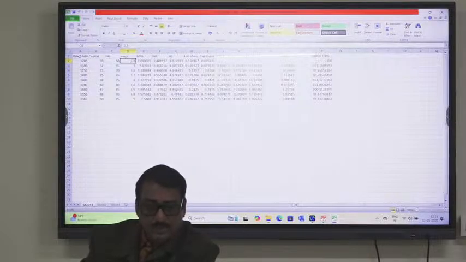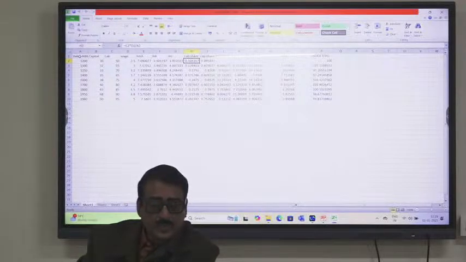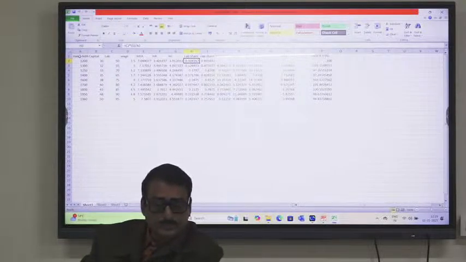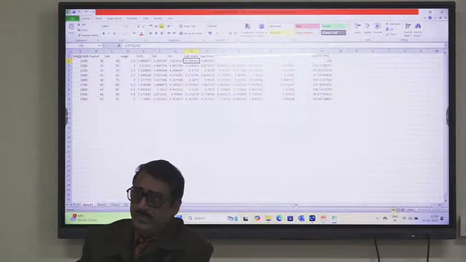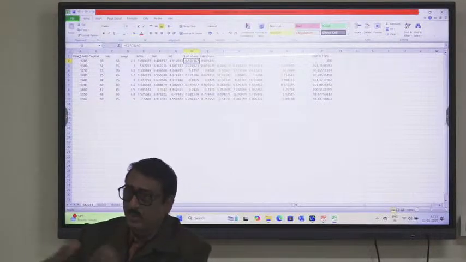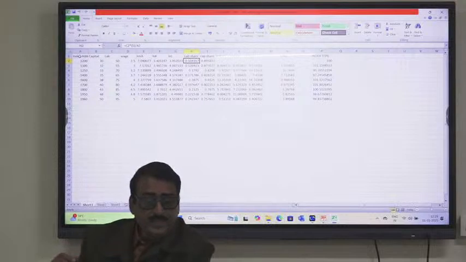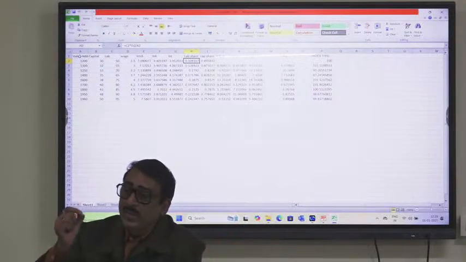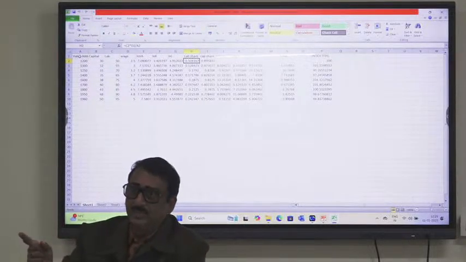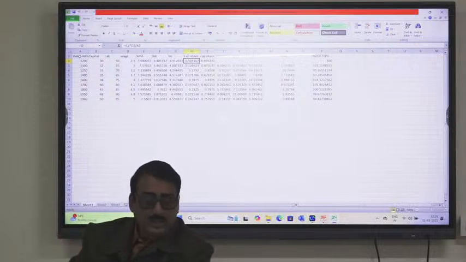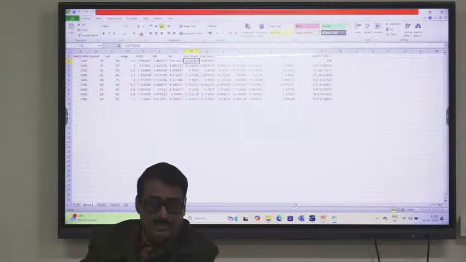Then I am calculating the labor share. That is wage into C into D. C is what? Labor, the total amount of labor. D is the wage rate per person, per labor. Okay. So C into D divided by A. A is what?